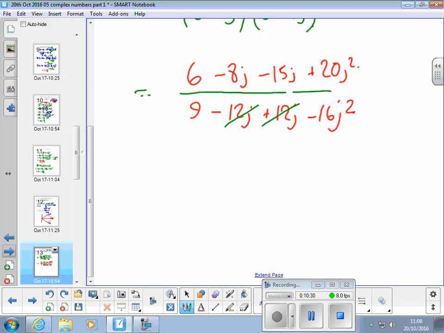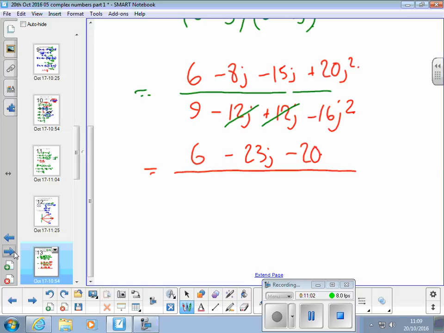So then let's bring together any like terms. What does the j squared do to this? Makes it minus 20. So the top line becomes 6 minus 8 minus 15 is 23j, and we said that becomes minus 20.